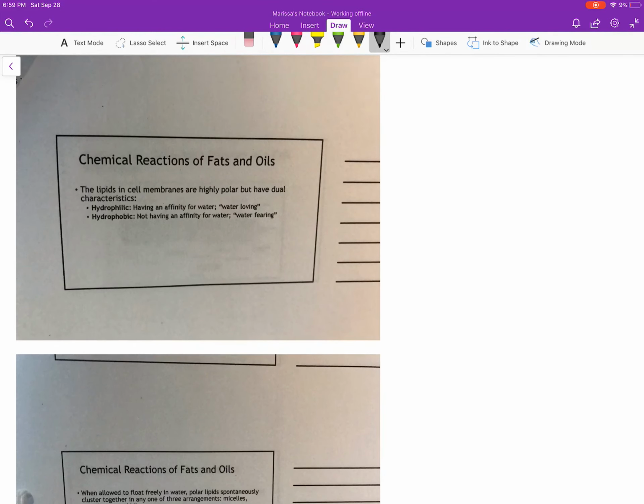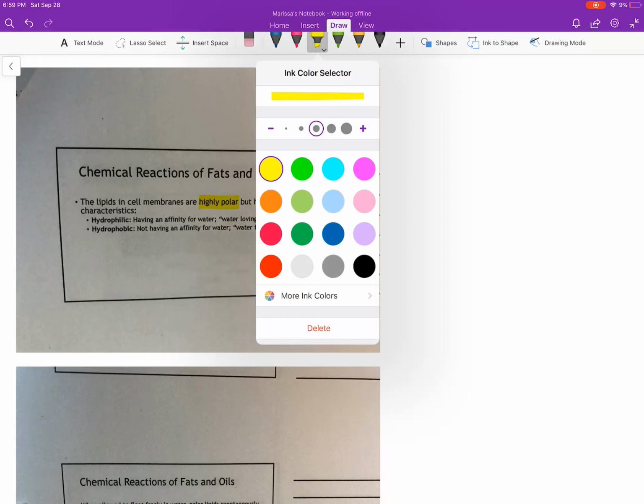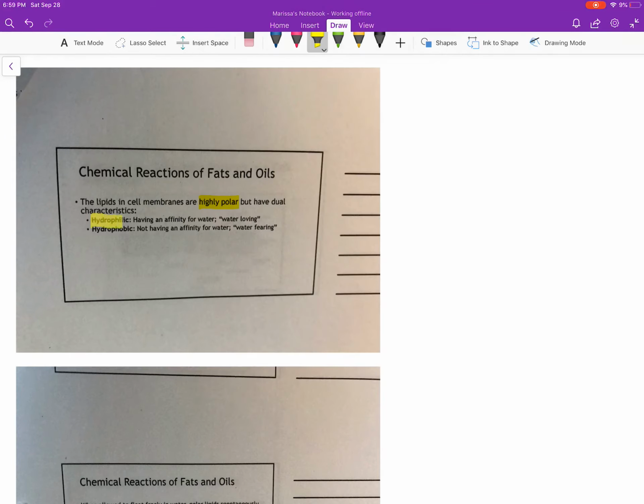All right, so chemical reactions of fats and oils. So we see that lipids and cell membranes are highly polar, but they have dual characteristics. So they show two different properties. The first is we have what's called a hydrophilic portion and then a hydrophobic portion.